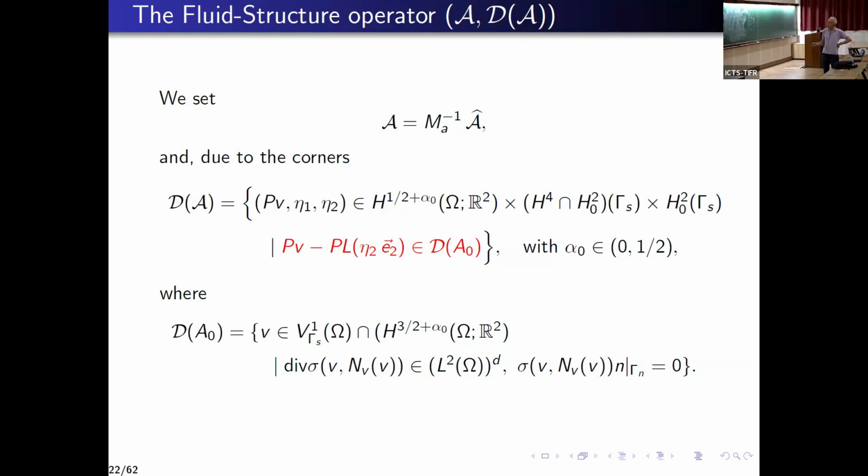I have to write the equation for PV, eta 1, eta 2, in this space. And I have to write the following compatibility condition between PV and the lifting of eta 2. So this takes into account the fact that I have V equal to eta 2 on the boundary.